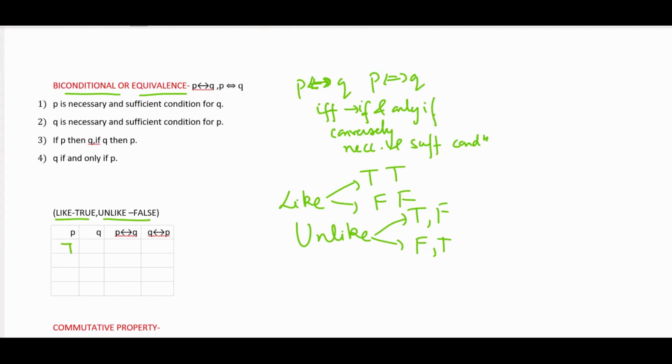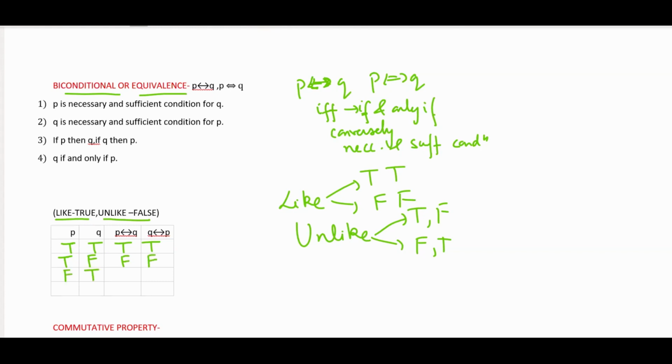If I take T, T, this means like. True if and only if true, answer is true, because for like cases my answer is true. Q if and only if P, again that is true. True if and only if false is the unlike case, and for unlike case my answer is false. False if and only if true, again false.